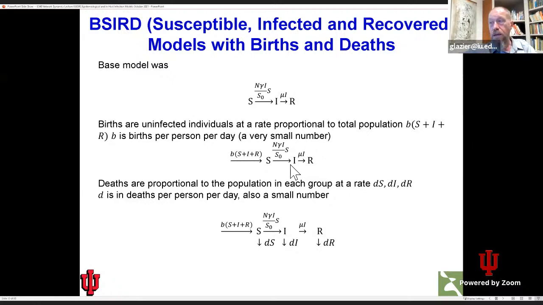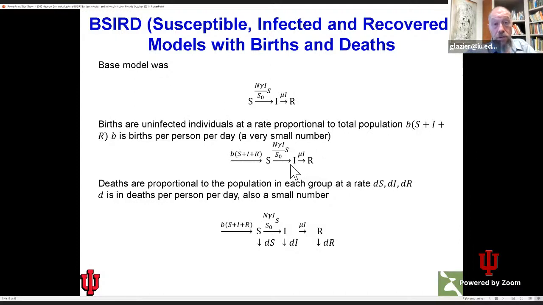Similarly, if we assume you don't die of the disease directly, there's a base death rate from old age and accidents. And again, that's also a small number. If you assume that the typical lifetime of an individual is about 80 years, that D rate will be about the same as the B rate. It would be 1 over 80 times 365.